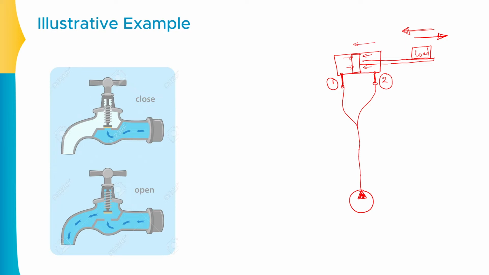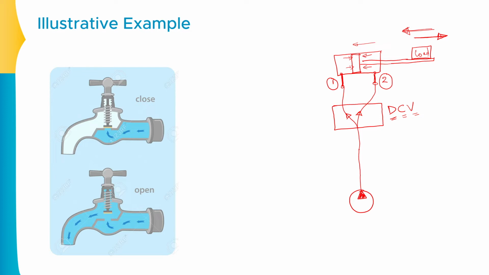Now to make this transition hassle free, we use one controlling device that will help me to control the direction or the path of these specific fluids. And this specific device is known as the direction control valve. Why is it known as the direction control valve?